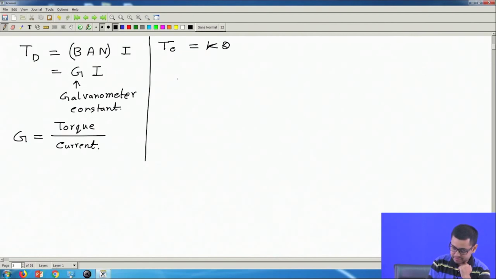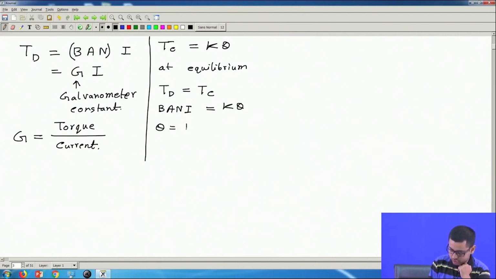K is the spring constant, and at equilibrium we have Td equals Tc, which implies that BANI is equal to k theta, or we can write that theta is equal to BAN by k multiplied by I. This is equal to some constant S times I, and this constant S can be called the displacement constant.